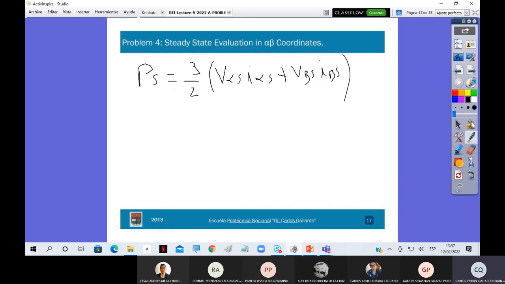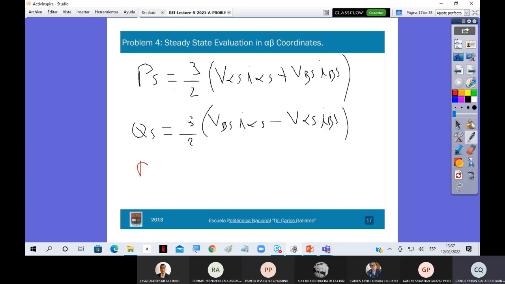Okay, this is for the stator. The stator reactive power is equal to 3/2. I will have the beta component times the alpha component minus the alpha component times the beta component.